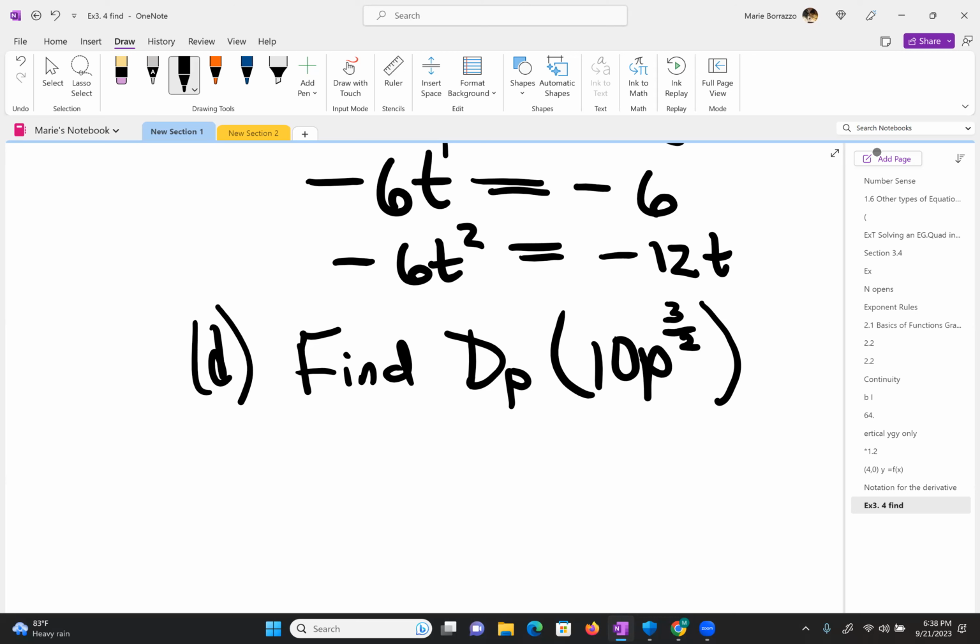What is 1.5 times 10? 15. You can also think of it as 3 times 10, which is 30, divided by 2. So either way, it's 15. You take away 1, which is really taking away 2 over 2, leaving you p to the positive 1/2.